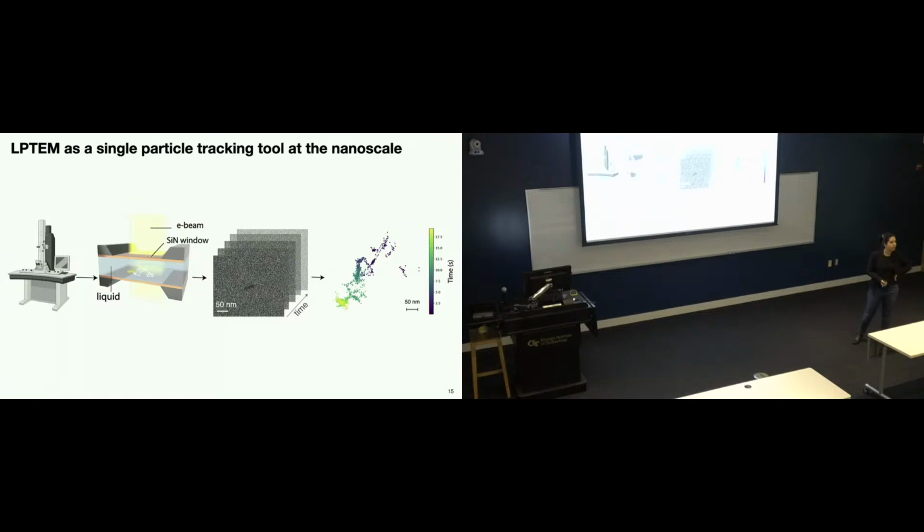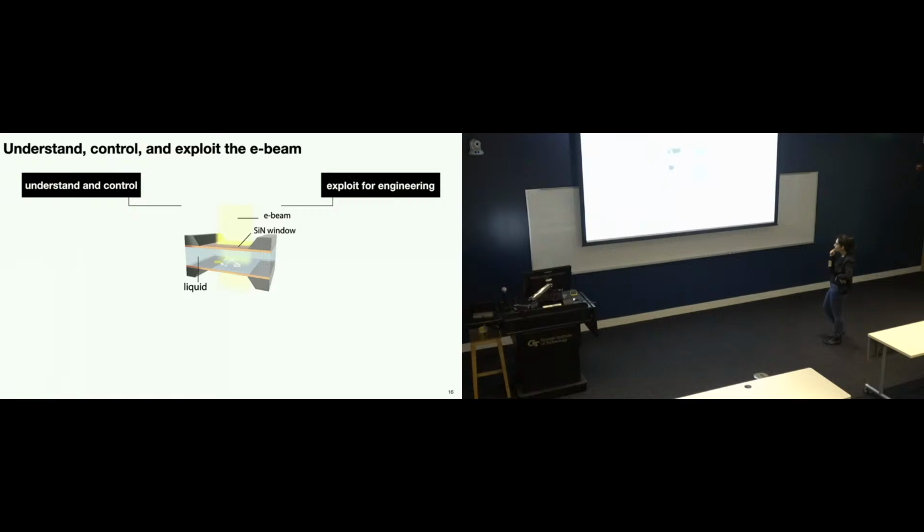these spatiotemporal trajectories. By that, I mean, can you characterize the interaction of a particle, for example, with a polymer environment that is surrounding it? To do this, I should say it is not as simple as this. When I started to approach this problem, as a chemical engineer learning how to work with liquid phase TEM, I started to think about the electron beam of the microscope that allows us to visualize all these dynamics.